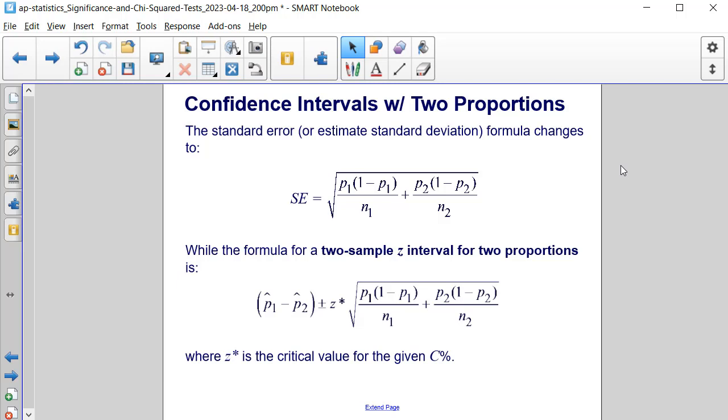The standard error, or estimated standard deviation, formula does change when you have two proportions.